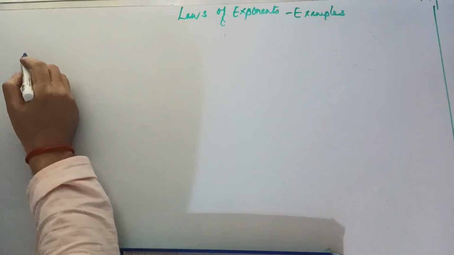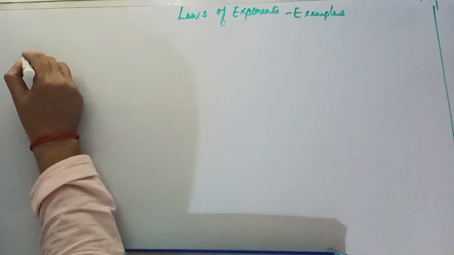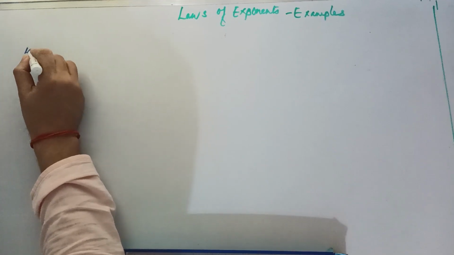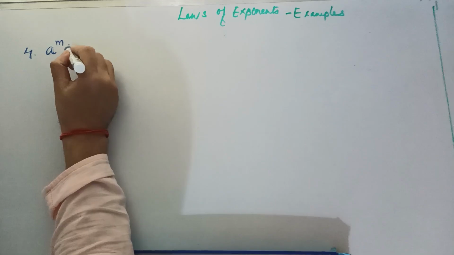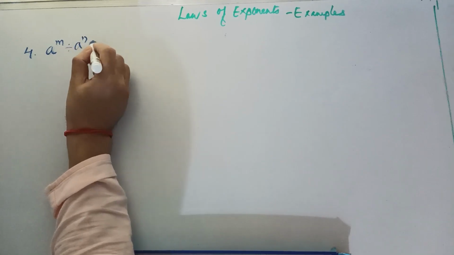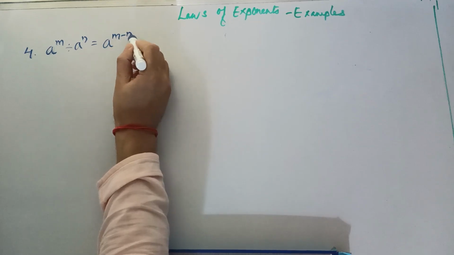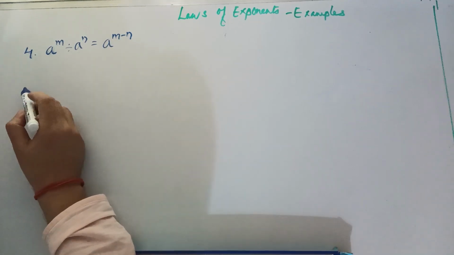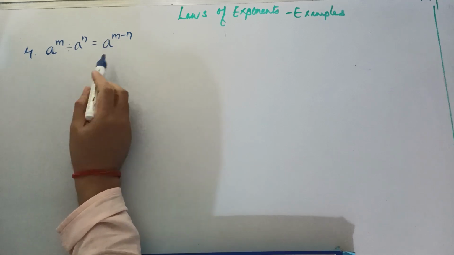All right, let's take another example. The fourth law states that a raised to m divided by a raised to n will give us a raised to m minus n. So when there is a division sign, the powers get subtracted.